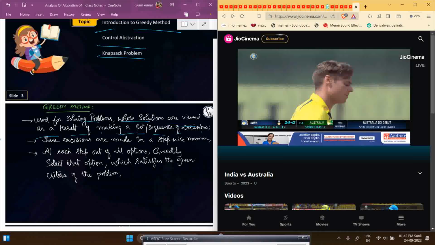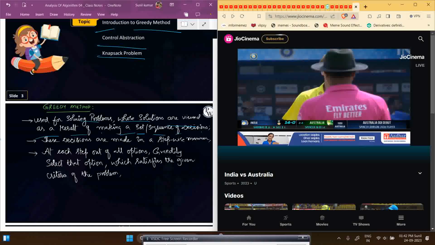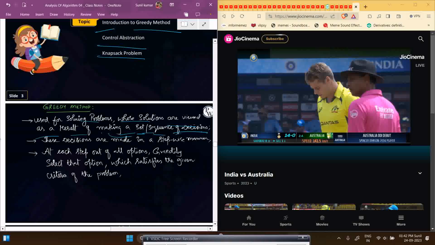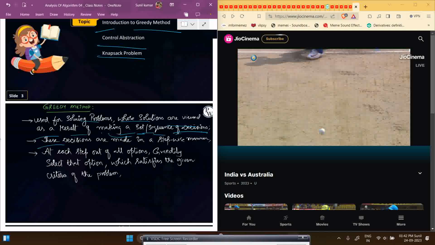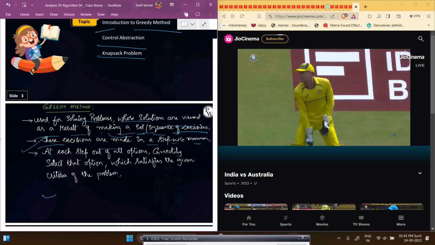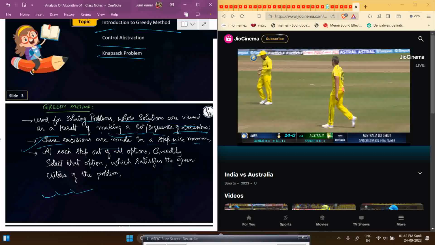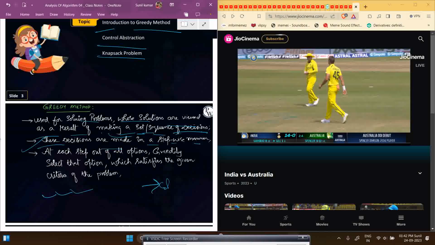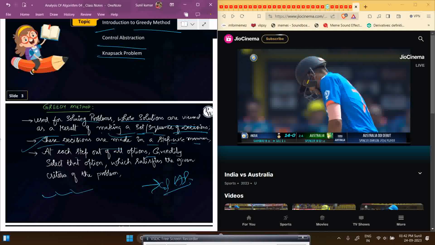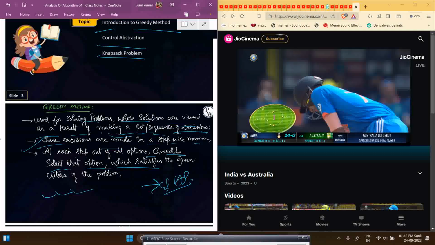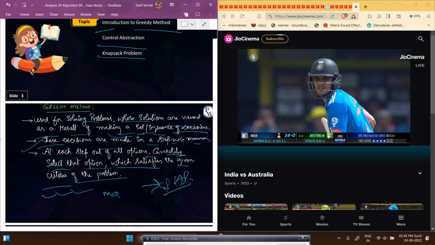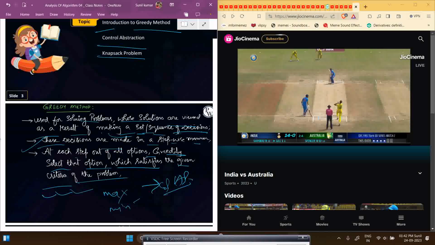These decisions are made in a stepwise manner: first decision, second, then third. Then we come to the conclusion and the answer. At each step, out of all options, greedily select the option which satisfies the given criteria of the problem. If we want to maximize or minimize the output, we select according to that.